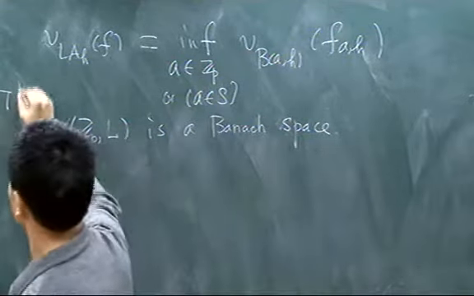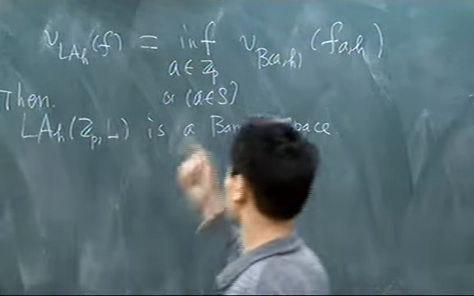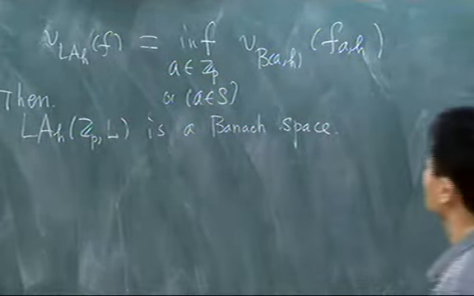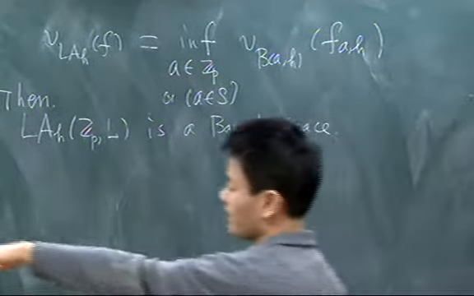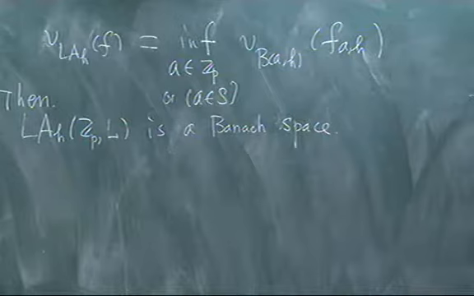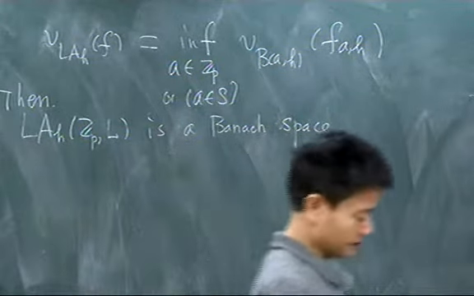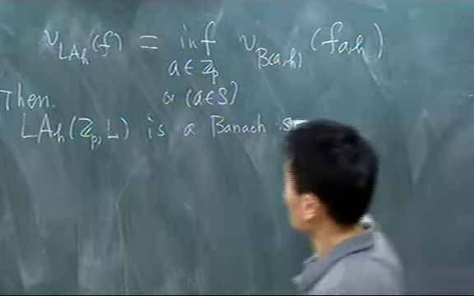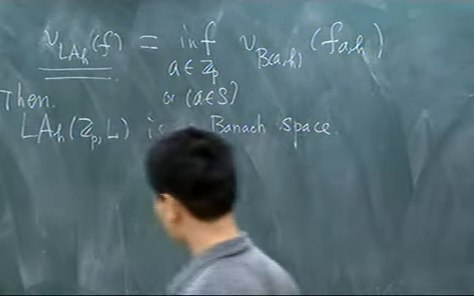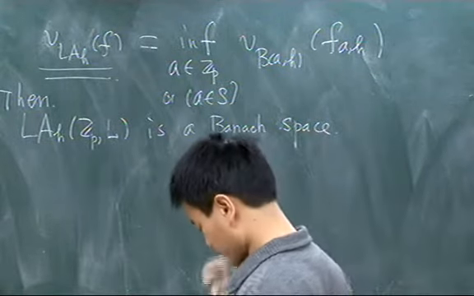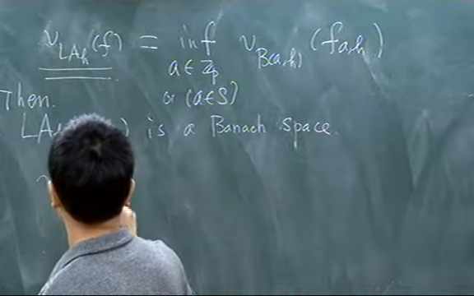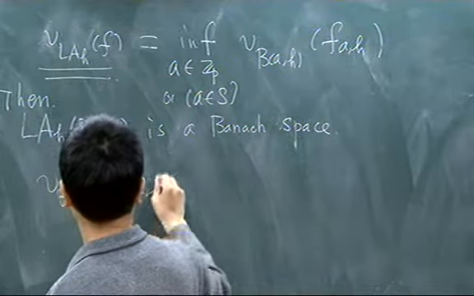You can check, because all these B_{a,h} analytic function spaces are Banach, and then it's easy. The other thing, we can write this LA_h a little bit better. If you see v_{B_{a,h}} of f_{a,h}, what is this?